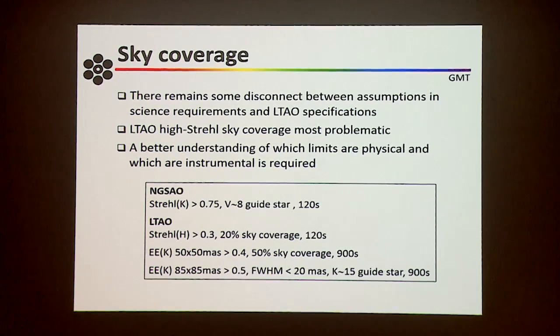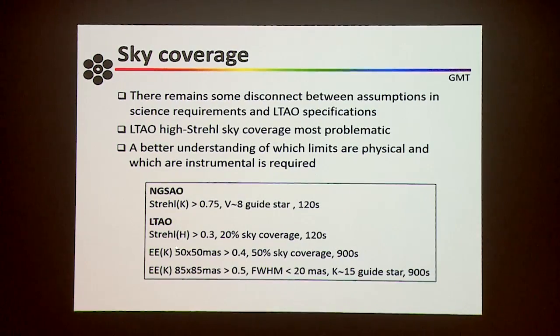The current goals are that with natural guide star AO, we're looking for a K Strehl ratio of 0.75 or better for a V of 8 guide star. With laser tomography, in the H band, we're looking for a Strehl of 0.3 or better and at least 20% sky coverage.